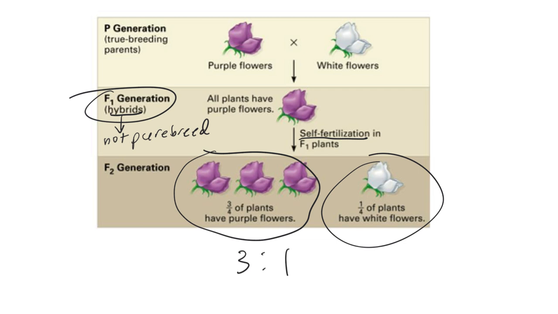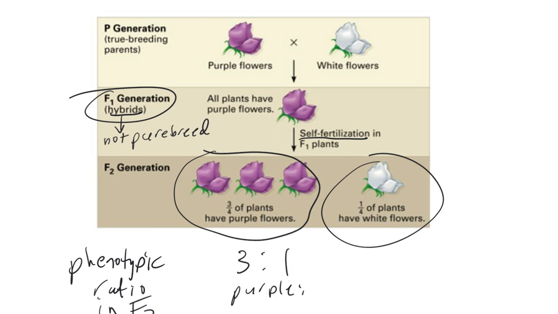So the phenotypic ratio of the F2 generation is 3-to-1, purple phenotype to white phenotype, white flowers.